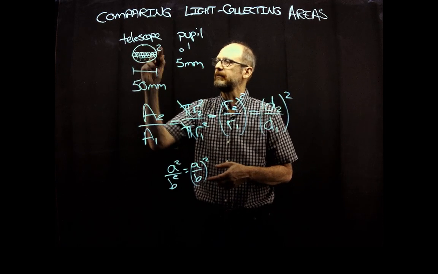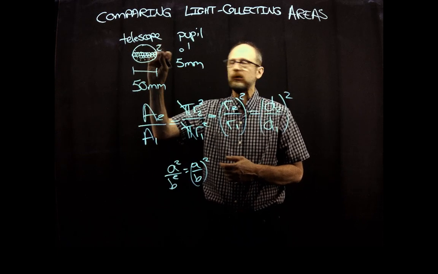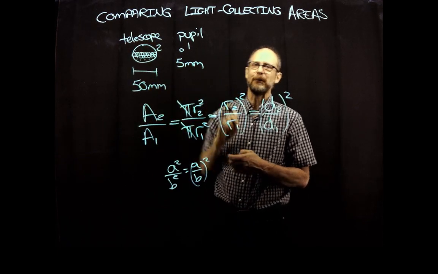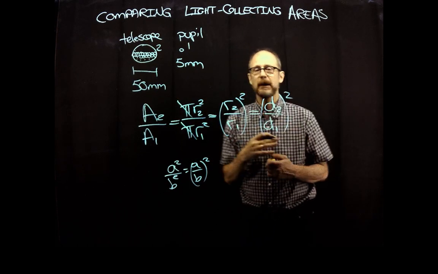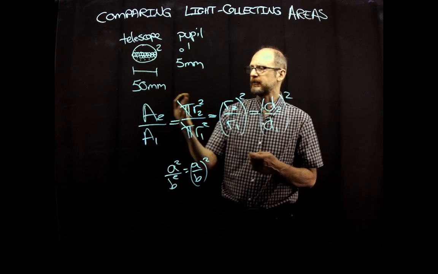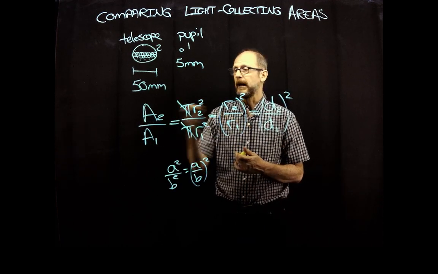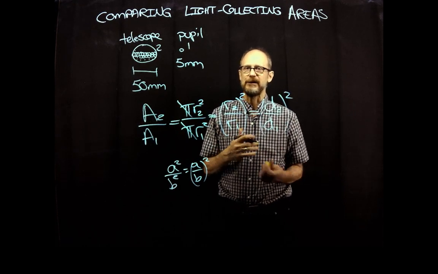This 50 millimeter diameter telescope is equivalent to 100 eyes, if the eyes have a pupil diameter of 5 millimeters. And so that's the basic idea of comparing telescopes to, say, a pupil, or maybe even comparing 2 telescopes to each other. It's the ratio of the areas that matter, not the ratio of the diameters.